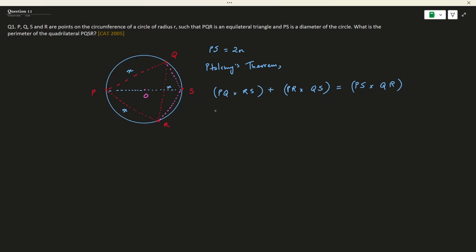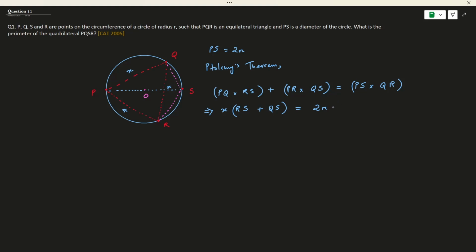So what is PQ? PQ is X. What is RS? I don't know, let's say it is RS. What is PR? PR will also be X. What is QS? So I can take X common, since PQ is X and PR is X. This is equal to PS into QR. PS is 2R.